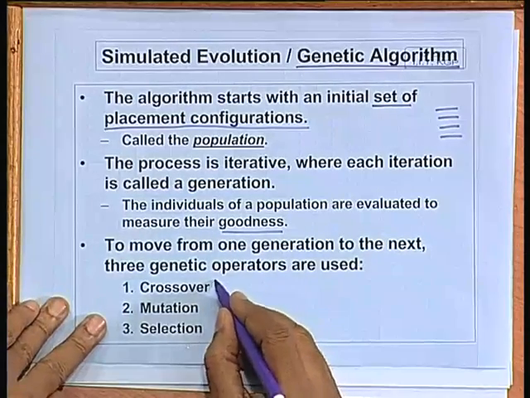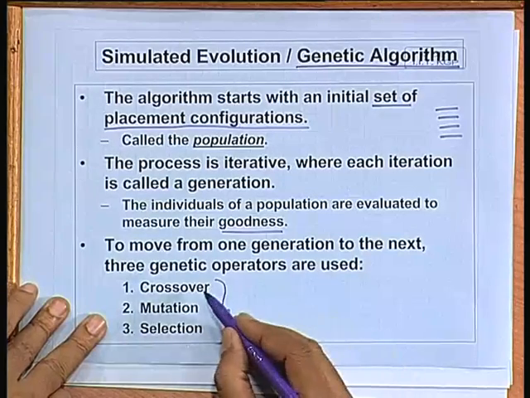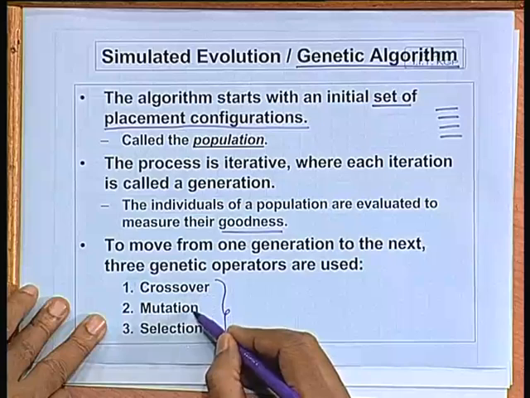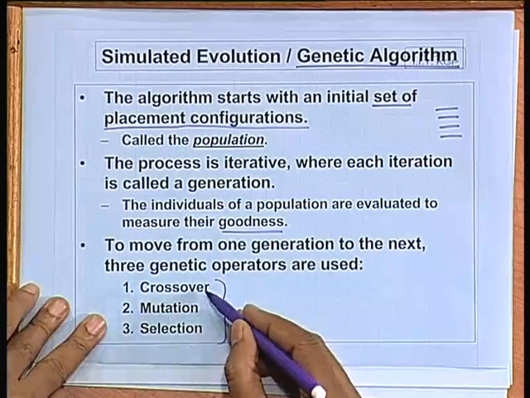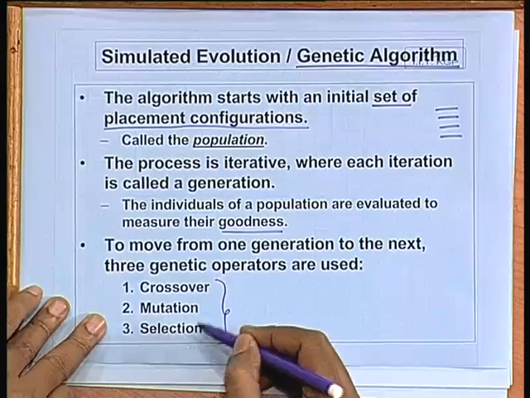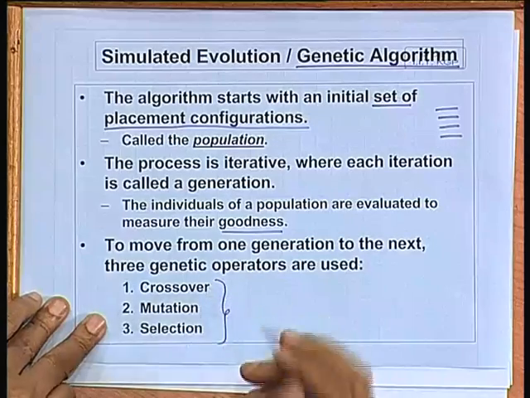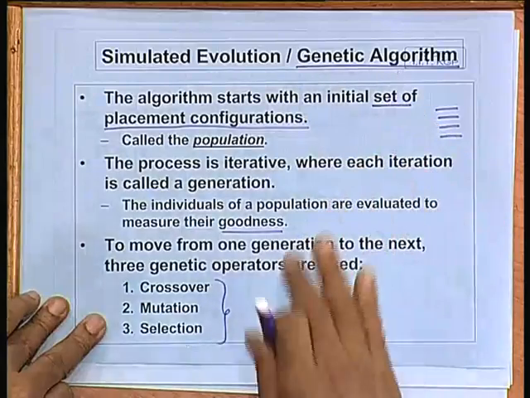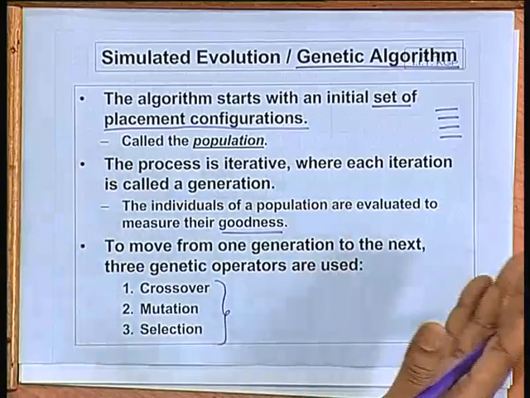There are three operations or processes which are carried out. These are called crossover, mutation and selection. So, let us try to define and understand what these three operations are. The way we present these operations, it will be specific to the placement problem, but if you want to apply this to some other problem, you will just have to change the definitions, but otherwise the framework will remain the same.